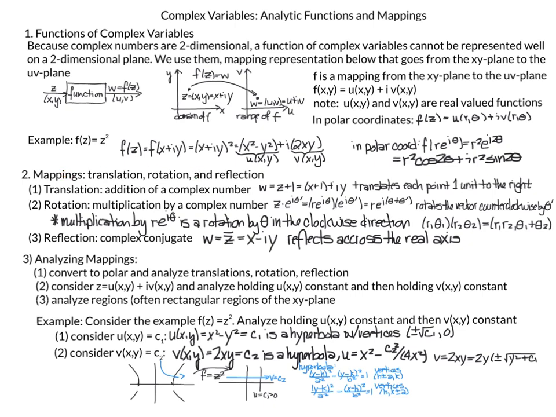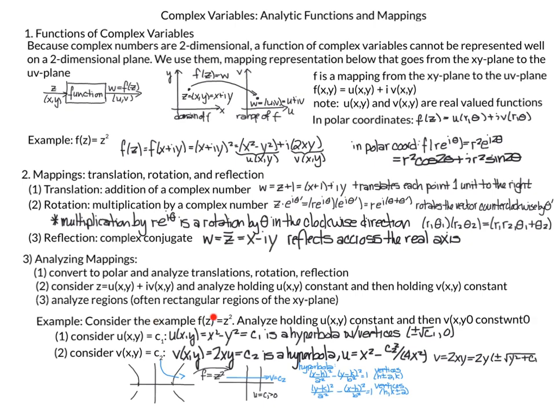The second way is to look at w equals u of xy plus i v of xy, hold u of xy constant and see what these constants transform to, and then similarly hold v of xy constant. We'll do an example of that. And last, sometimes we take entire regions, not just constant lines, often a rectangular region, to see how that gets mapped.